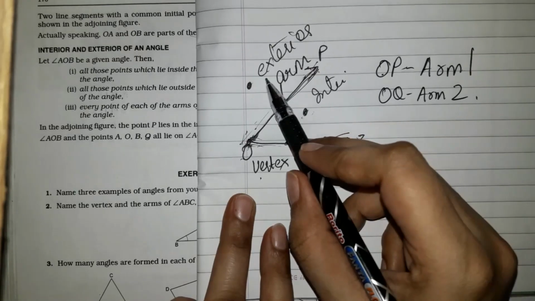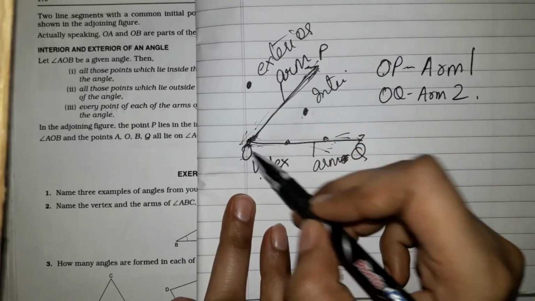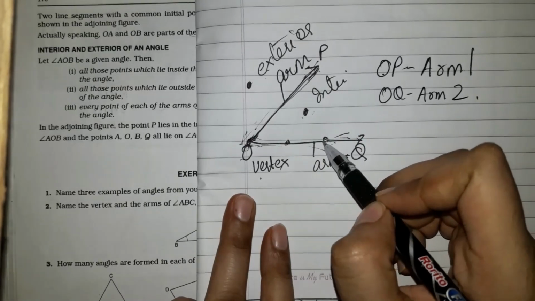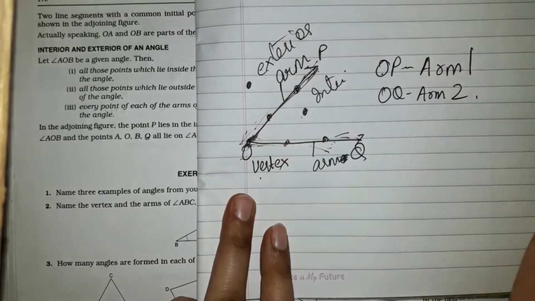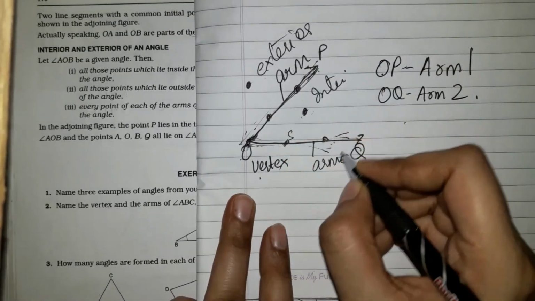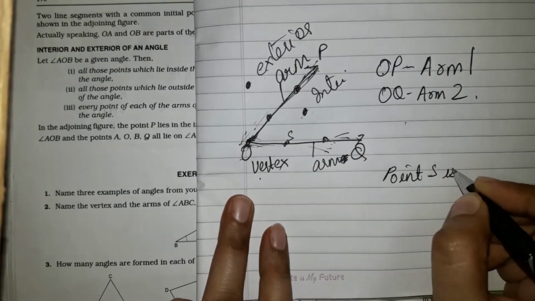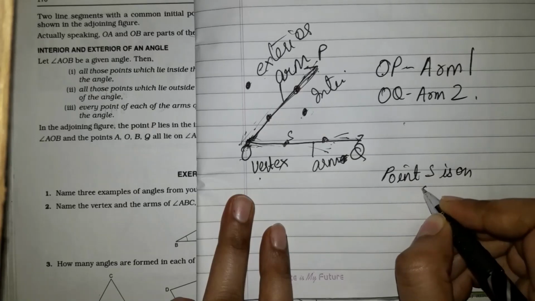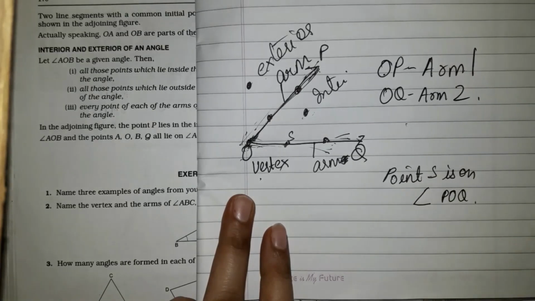If it is outside the angle, we will say it is in the exterior of angle POQ. And if the points are lying on the arms, then we will say, suppose this point is S, point S is on the arm of angle POQ.